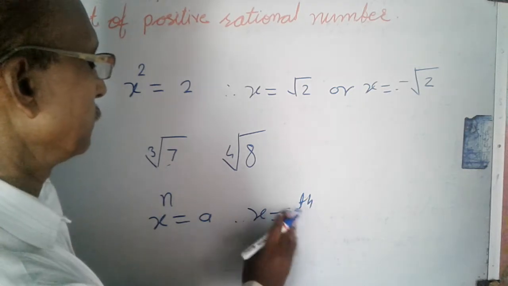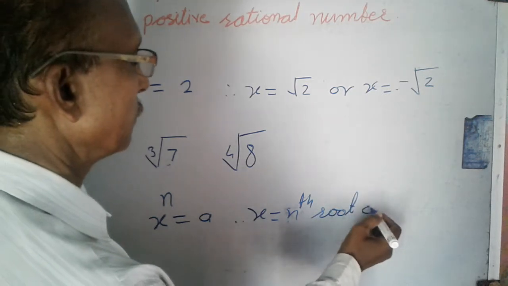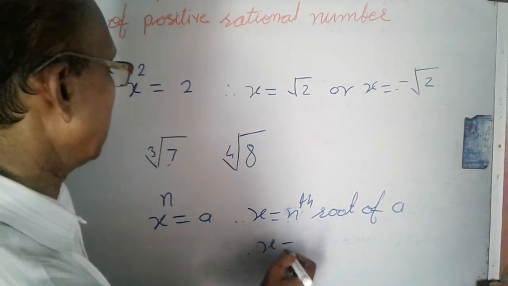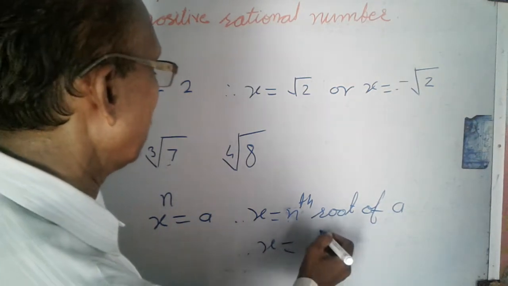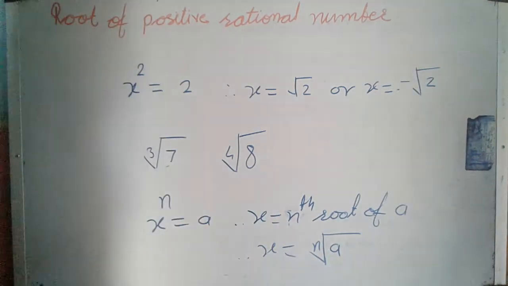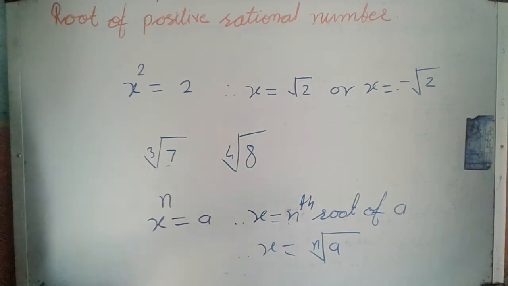That means x is equal to the nth root of a. We can write it in radical form.